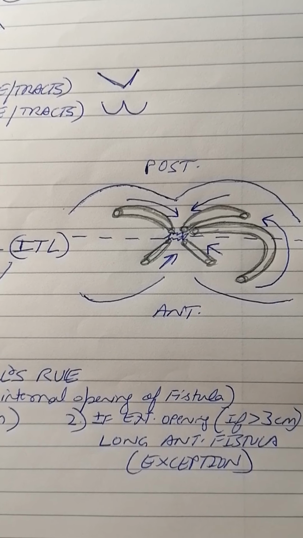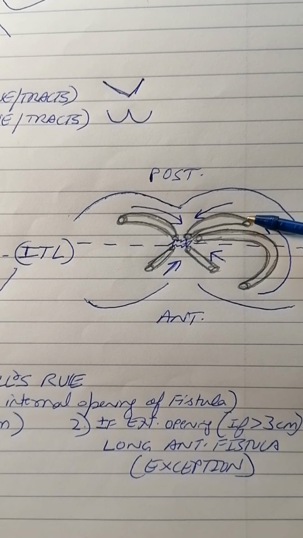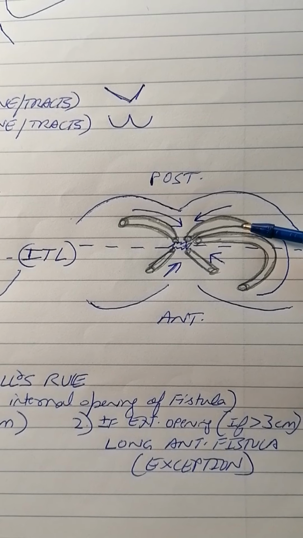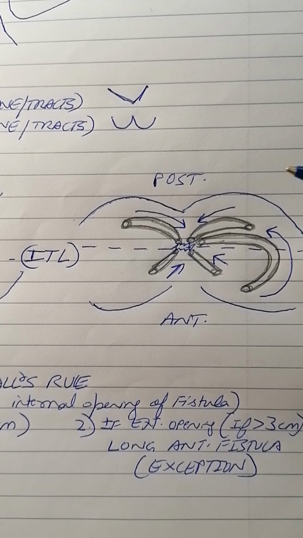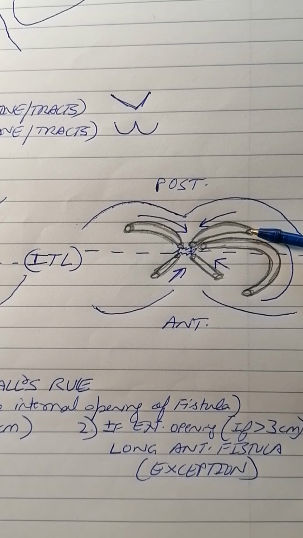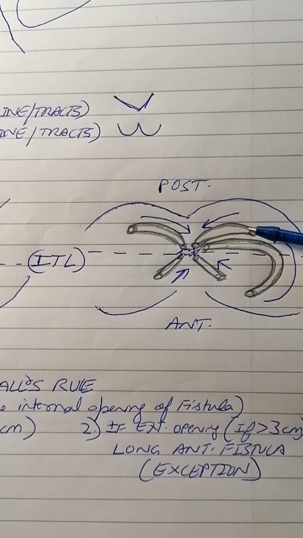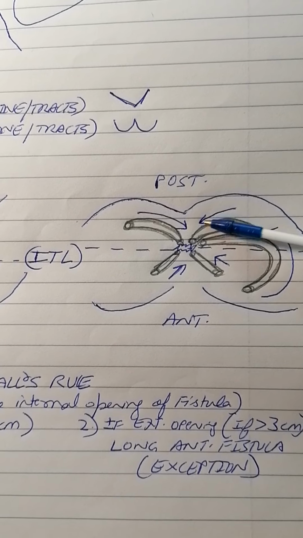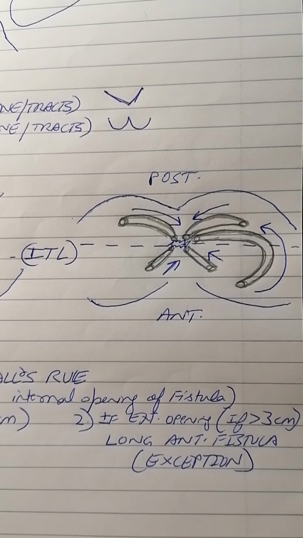Now what you, as a surgeon, are supposed to do: if you see in a patient an external opening on this side, posterior to the imaginary line, you will notice that the external opening of this fistula is on the back, posterior to this imaginary line. In that case you can assume that this fistula would be a curved fistula.